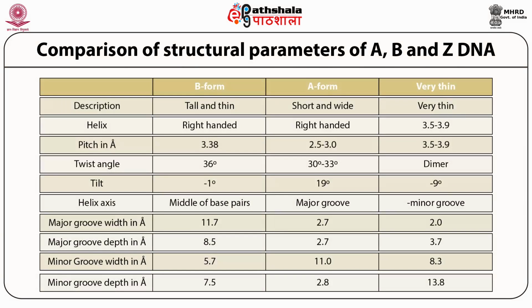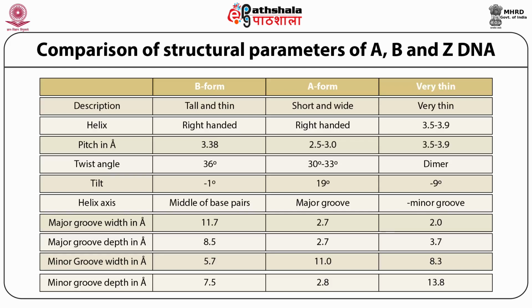Comparison of structural parameters of A, B and Z DNA. We show in this table various structural parameters of B form, A form and Z form. As you can see immediately, the helix sense in the case of B and A form is right-handed, whereas in Z form it is left-handed.